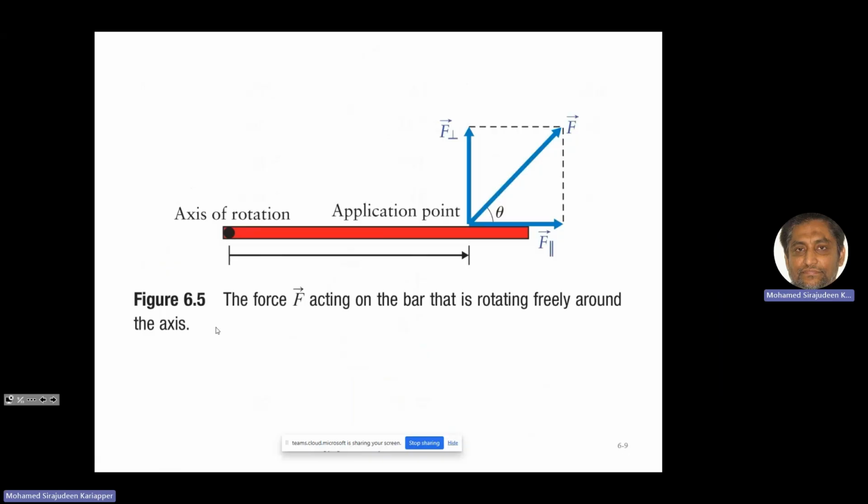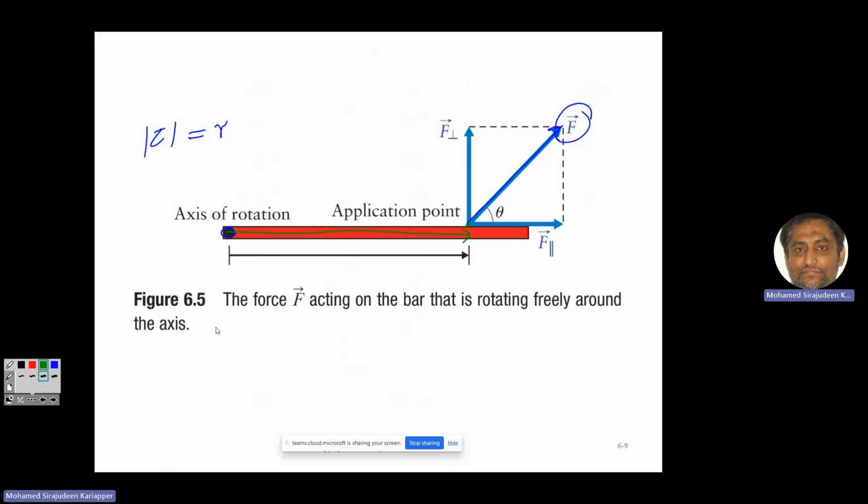Right. So here we have a bar which is fixed at this point, and a force is applied here, say F. And if someone asks you, get me the magnitude of the torque, it's very easy, right? R. What is R? It's a vector actually, but here the magnitude of the vector. R is simply the line that you draw from the pivot point, or where you want to take the torque, to where the force is applied.